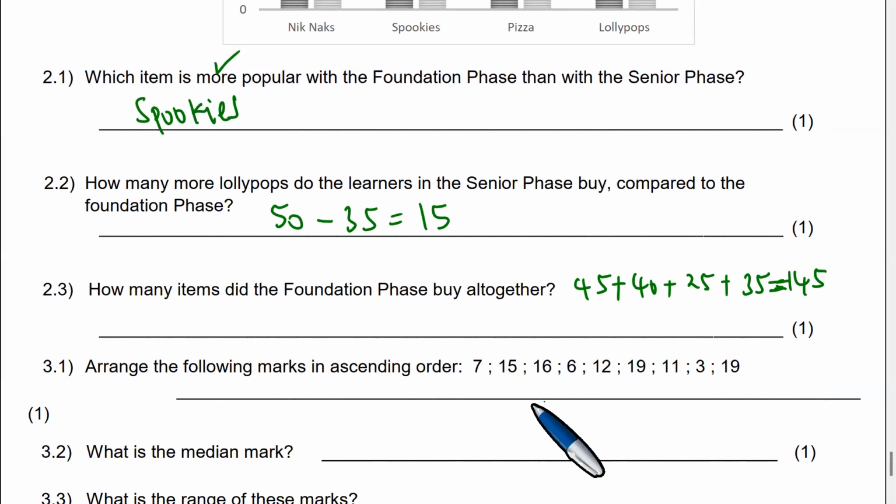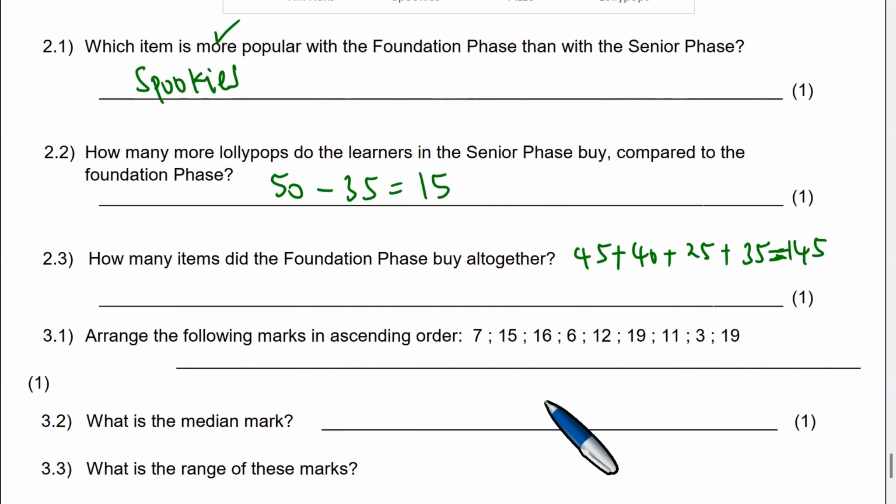Arrange the following marks in ascending order. What's the answer? What is the smallest mark? 3. After 3 is what? 6. After 6 is what? 7. After 7 is what? 11. After 11 is what? 12.